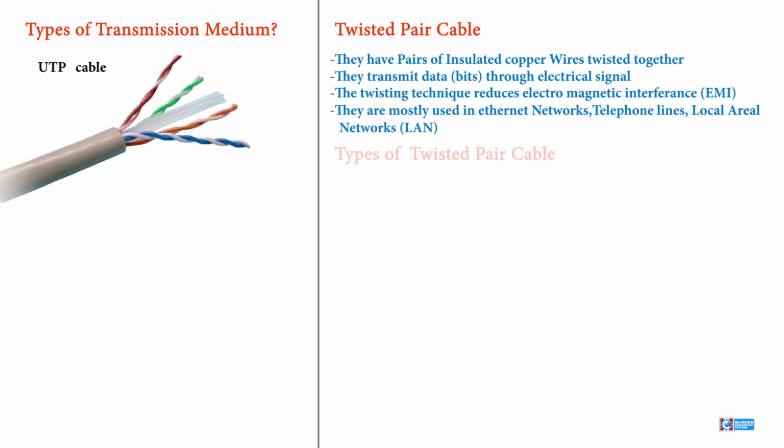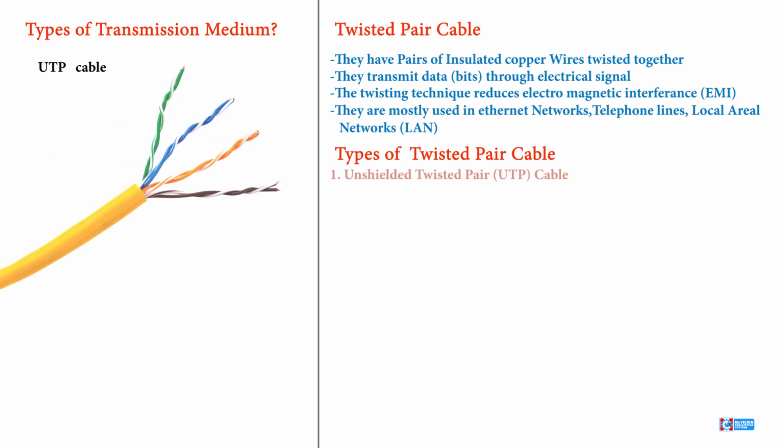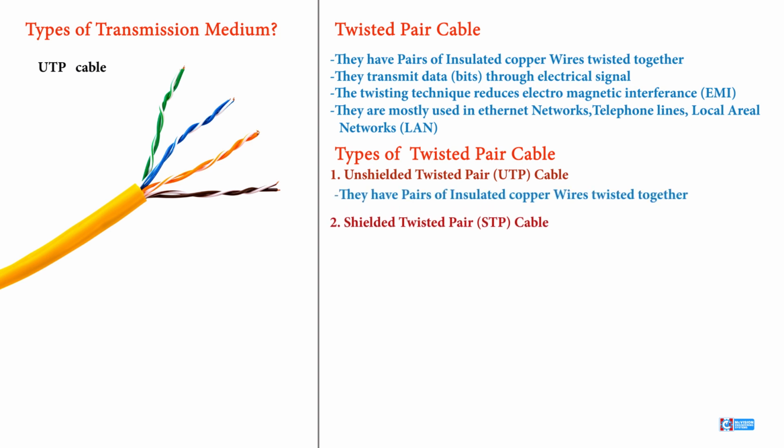Now, let's see some types of twisted pair cables. 1. Unshielded twisted pair, also known as UTP cable. 2. Shielded twisted pair, also called STP cable. Taking these one after the other, the UTP cables consist of pairs of copper wires twisted together within a plastic insulating sheath.